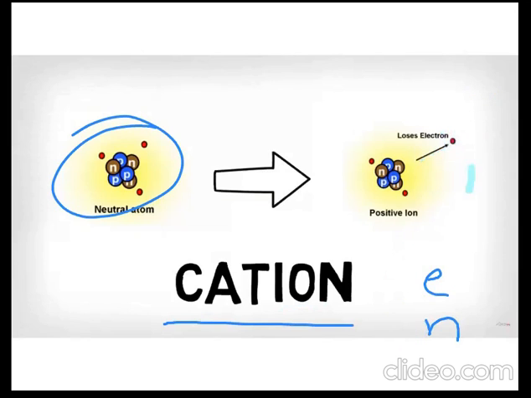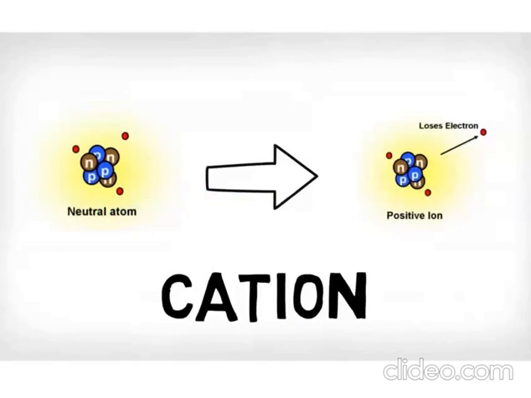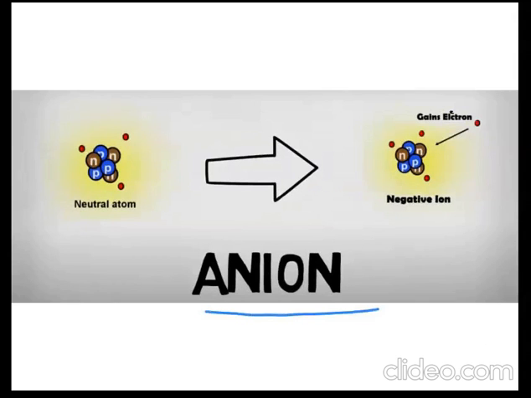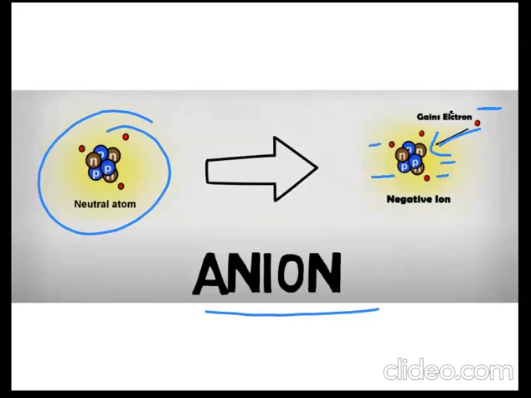Next is your anions. What are anions? Let's see. A neutral atom gains an electron. It gains one or more electrons. So it is gaining electrons, and we know an electron is what? A negative particle. So it is gaining negative charge. So it will become negative now.